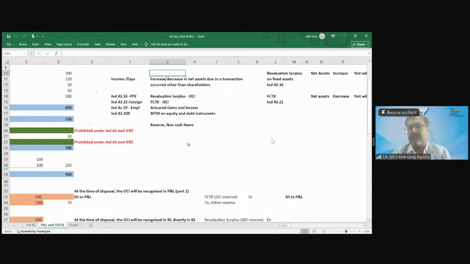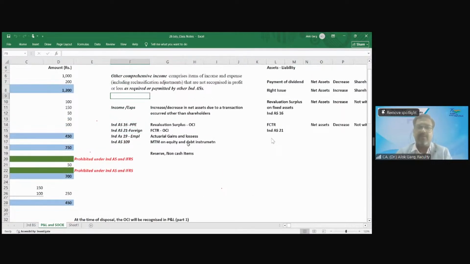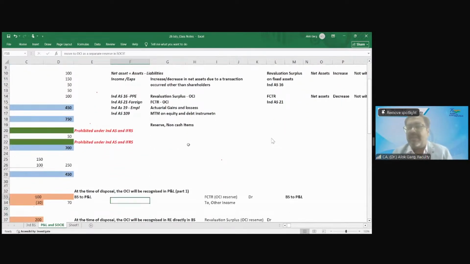Sir, an increase in liabilities is also an expense, right? So what are net assets? Net assets is equal to assets minus liabilities. नेट एसेट्स का मतलब ही एसेट्स माइनस लाइबिलिटीज होता है। सो नेट एसेट्स का मतलब होता है शेयर होल्डर फंड्स, इक्विटी शेयर कैपिटल प्लस अदर इक्विटी। So when your net assets are increasing due to a transaction which you are doing with parties who are not your shareholder, it is an income.